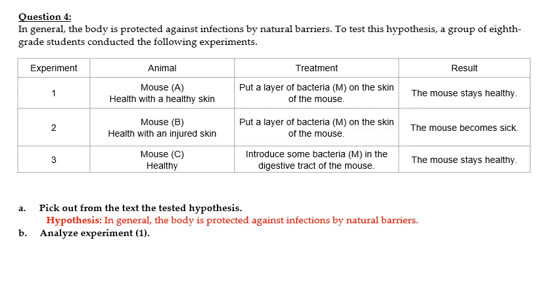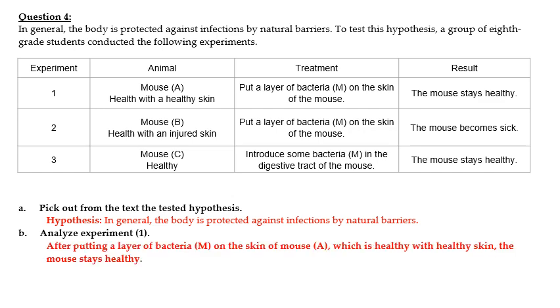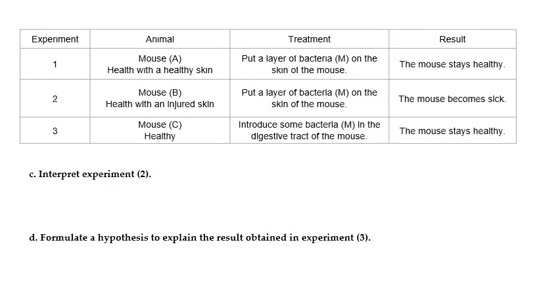Analyze experiment 1. We can say, after putting a layer of bacteria on the skin of mouse A, which is healthy with a healthy skin, the mouse stays healthy. So here we started from the variable, then the result. Interpret experiment 2. Interpret, so we have to analyze experiment 2, then write this indicates that.